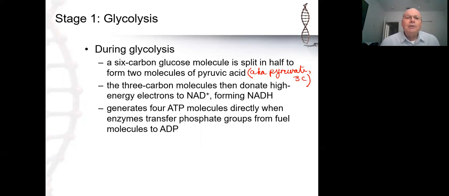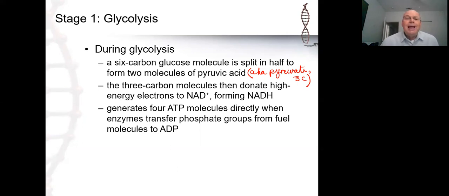As part of the glycolysis steps, we liberate some electrons to reduce NAD plus to NADH, and we actually make 2 NADHs. So we liberate 2 pairs of electrons because it takes 2 electrons to reduce NAD plus to NADH. So we collect 2 pairs of electrons in the form of 2 NADH molecules.